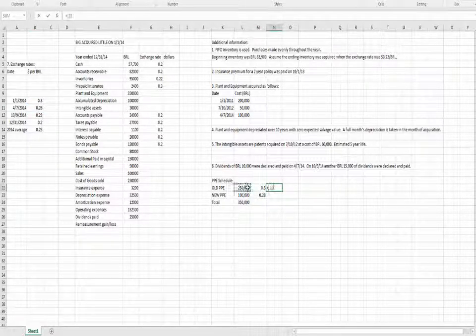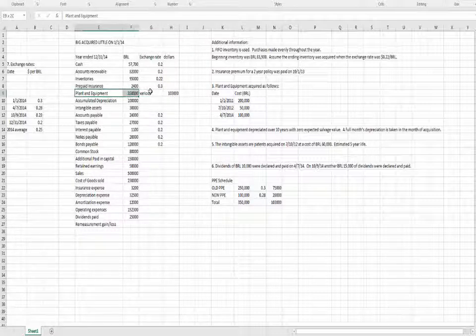So the dollar value is going to be the number of reals times the dollar value per real, for a total dollar value of property, plant, and equipment of $103,000. So there's no individual exchange rate. Instead, the dollar to real conversion is based on a number of rates.